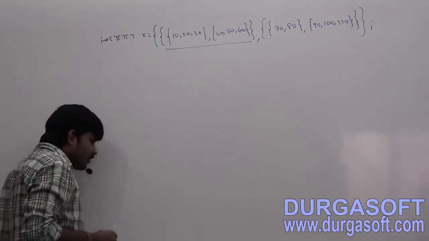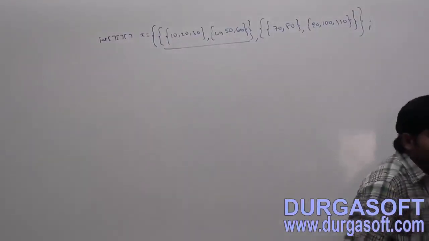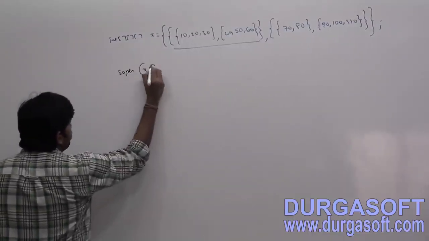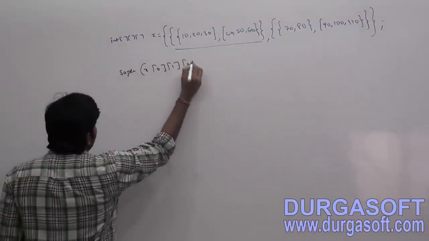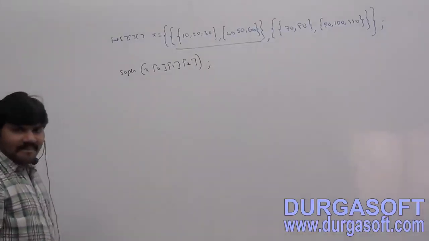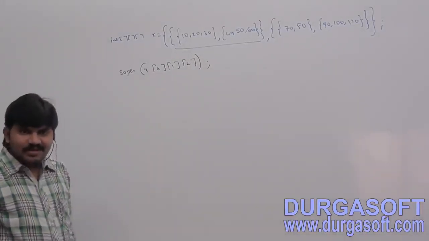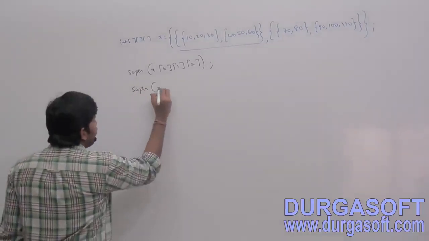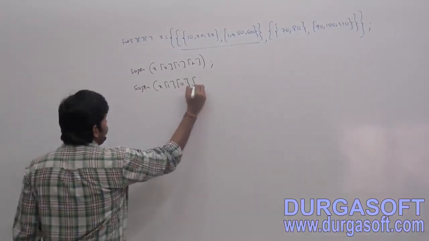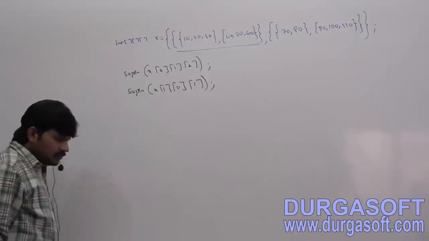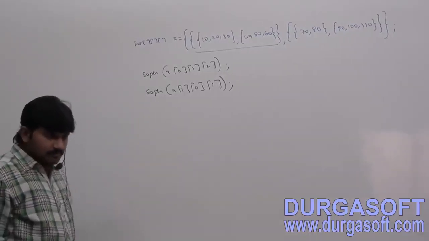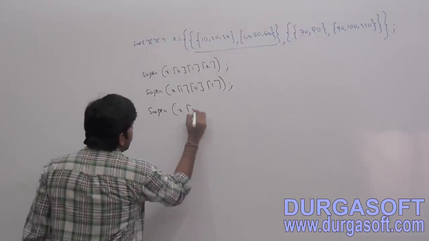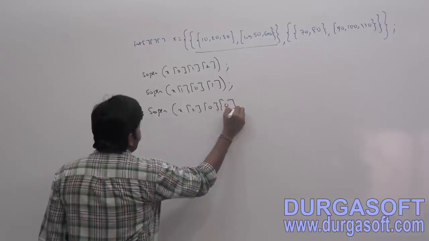Sir, can you tell what is the value of SOP of x of 0, 1, 2? What is the answer? Leave it. SOP of x of 1, 0, 1. What is the answer? Leave it. SOP of x of 2, 0, 0. What is the answer?